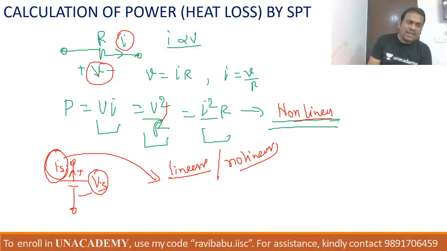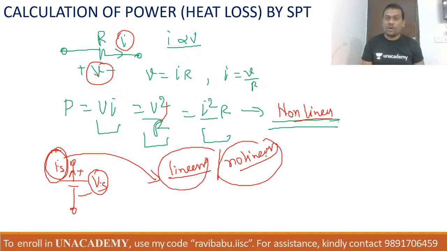Current can be linear or non-linear. The most important thing, beta: your I can be linear, your V can be linear, but the multiplication will always be non-linear. Please mind it. The power will be a non-linear quantity.